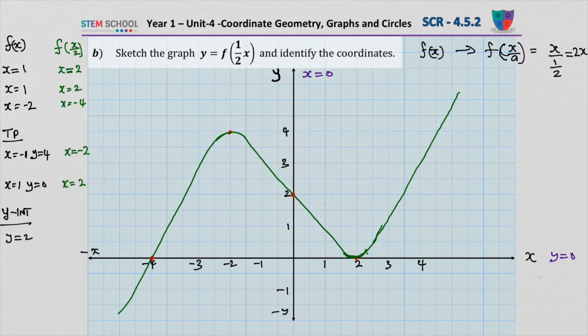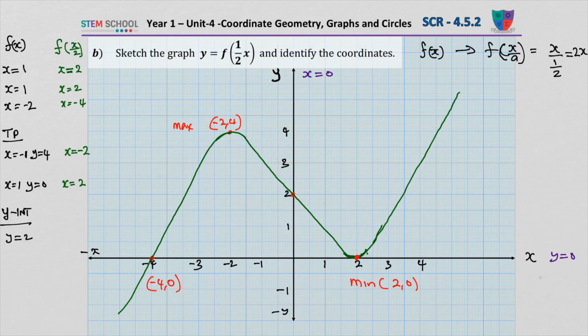You can see the equal roots there and the minimum. So the value is 2, 0. And the maximum here, and the value is minus 2, 4. And we got a root here, which is minus 4, 0.